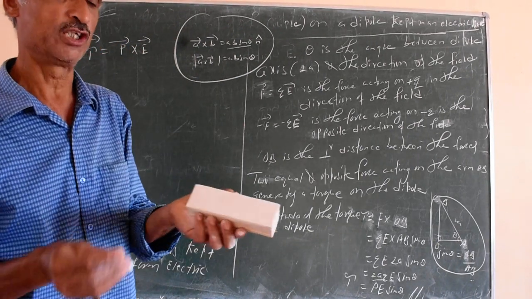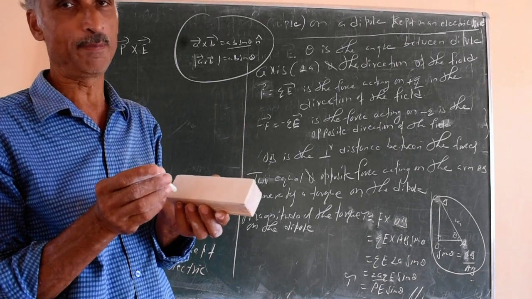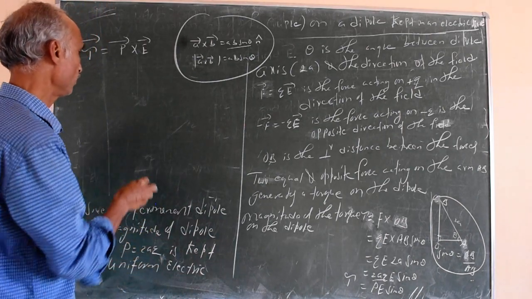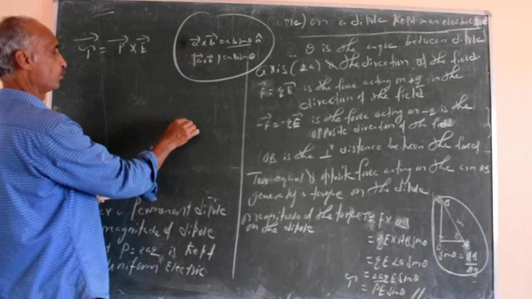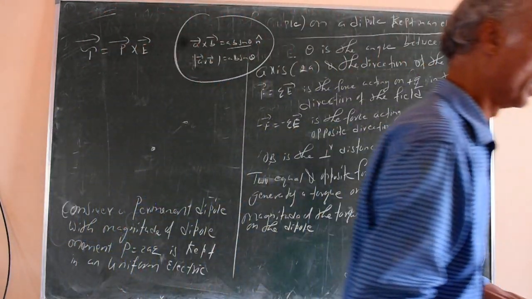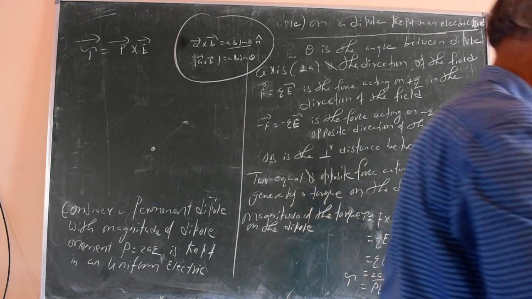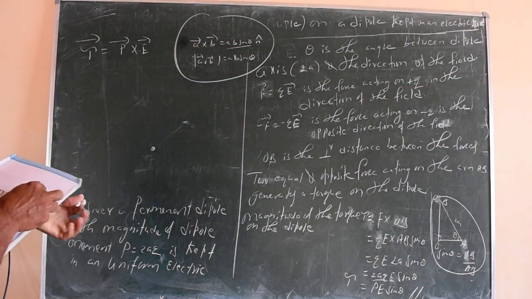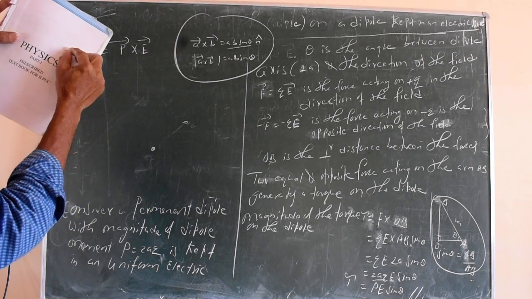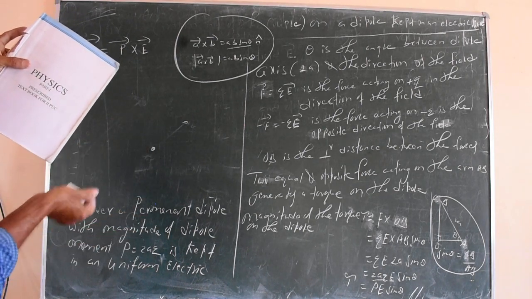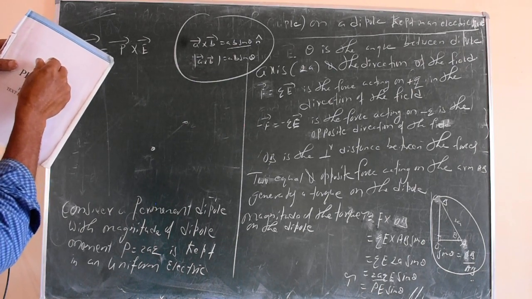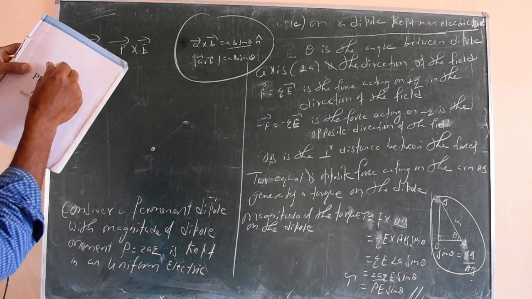What is the direction of this tau bar? Not in the direction of p cap. It is perpendicular to the plane containing the dipole. The dipole has two charges, plus q and minus q, lying on this particular plane. Then the direction of the torque is perpendicular to the plane, because A bar cross B bar is a vector perpendicular to the plane containing A bar and B bar.